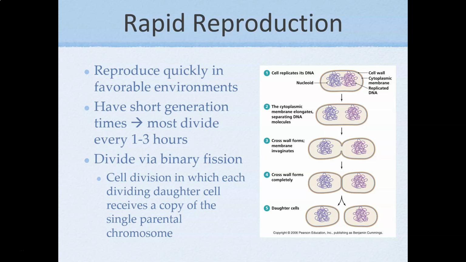So the genetic diversity has to come from something other than just the replication, because they're not mixing up genetic information in the process of reproducing like a sexually reproducing organism would do.